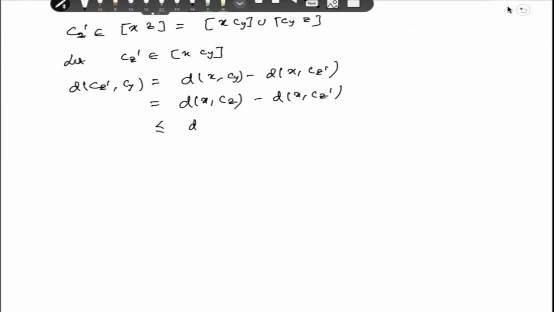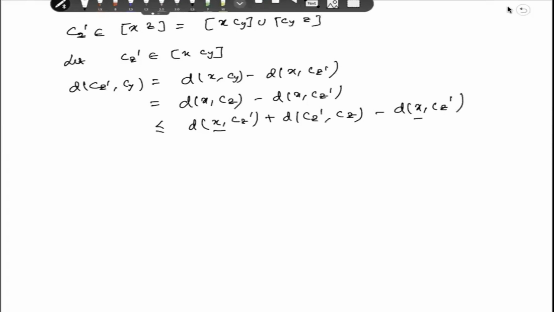Now apply the triangle inequality. The distance between X and CZ is less than or equal to the distance between X and CZ prime plus the distance between CZ prime and CZ, minus the distance between X and CZ prime.